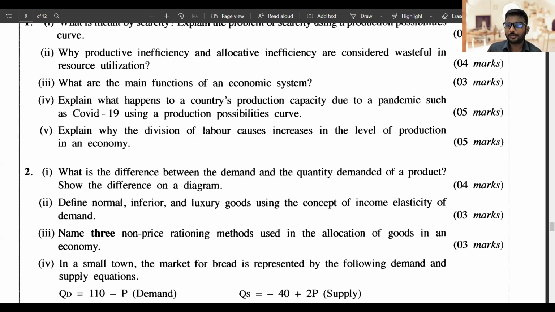Right. So for this question, you don't have to define division of labor. But what they're asking is, explain why the division of labor causes an increase in the level of production in an economy.